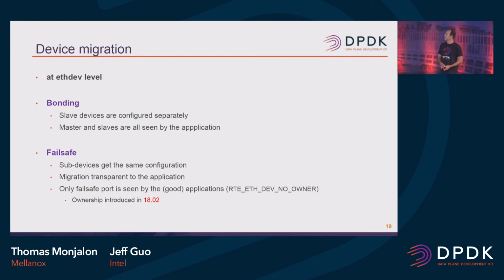Okay, now I want to explain how we solve another issue, which is device migration. So at first, it is an issue at ethdev level. When one device disappears, are we able to switch to another device? This is the first question.